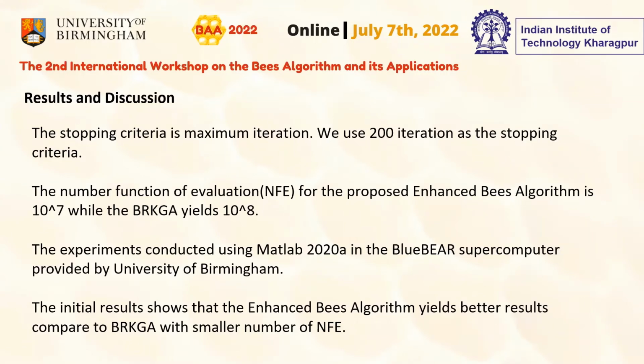For the experiments which we have conducted, we have used MATLAB 2020a on the Blue Bear supercomputer provided to us by the University of Birmingham. Our initial result shows that the enhanced Bees algorithm yields a result 10 times better than the BRKGA with a smaller number of NFE.